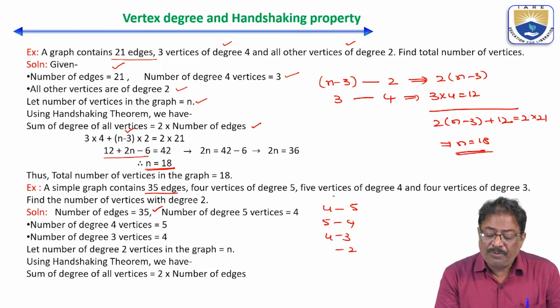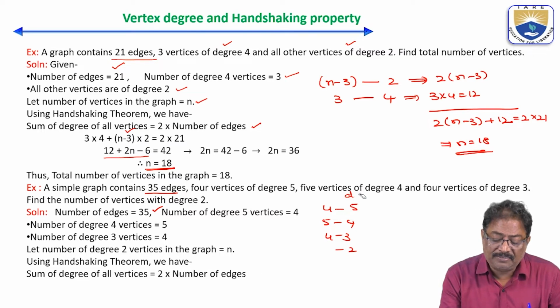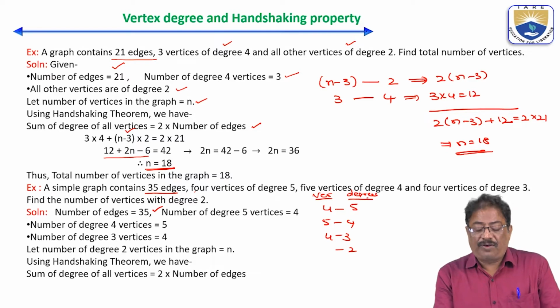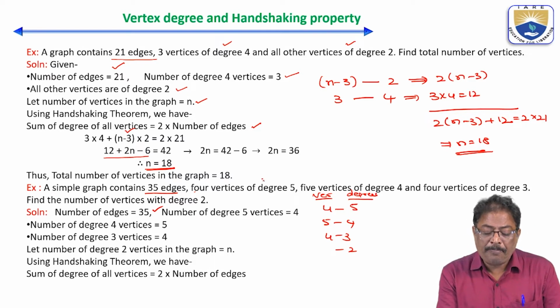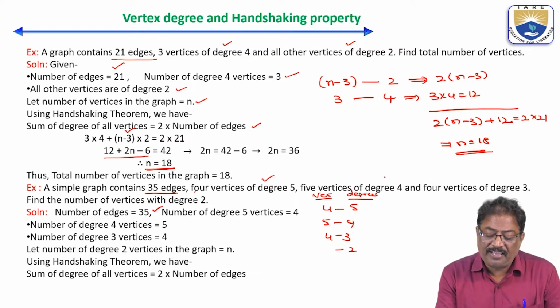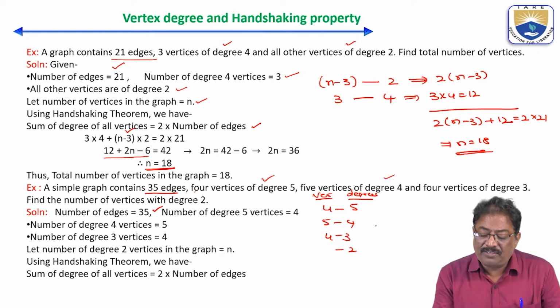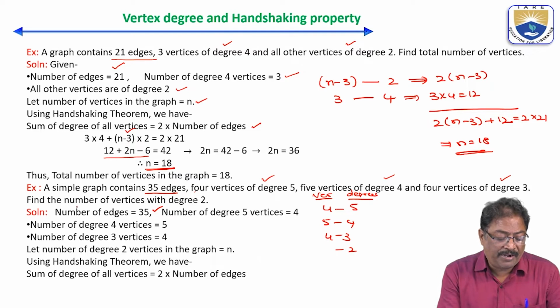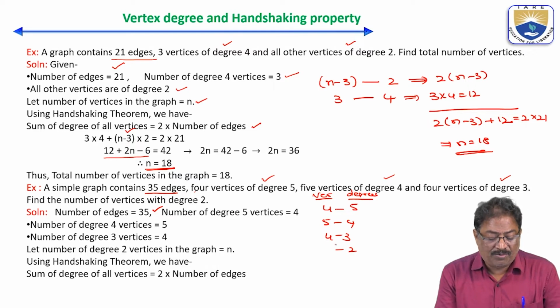I am taking vertices and these are their degrees. So 4 vertices have degree 5, 5 vertices have degree 4, and 4 vertices have degree 3, and we find the number of vertices whose degree is 2.